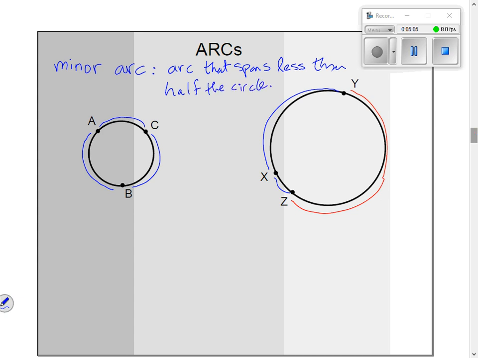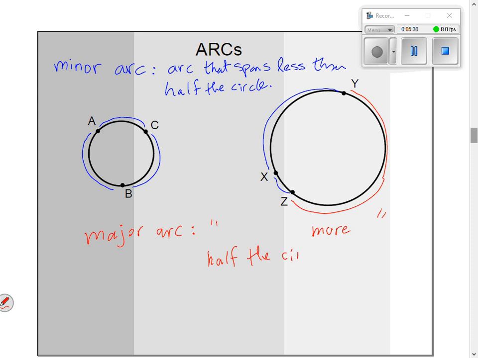Okay, that's cool. So how do we define a major arc then? Yep, cool. More than half the circle, right?